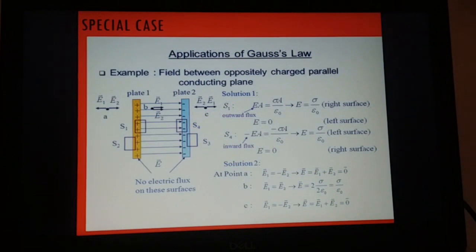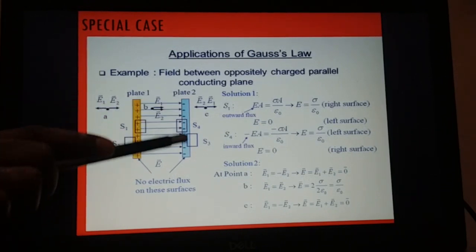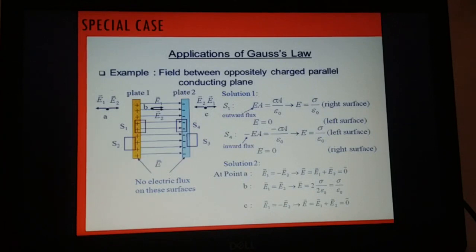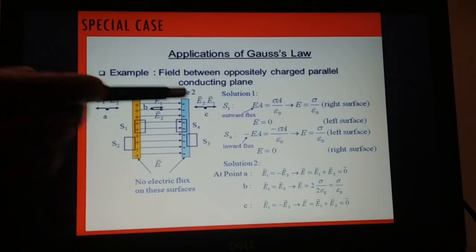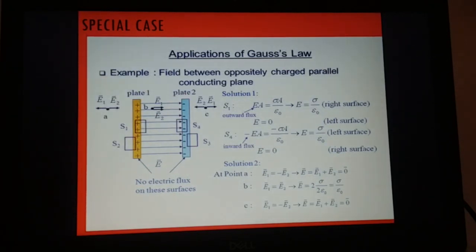Here also the same, you can see, a yellow plate is there which is positively charged, and a blue plate is there which is negatively charged. And again, in the first region A, E1 and E2 are acting in the opposite directions. In the third region C, E1 and E2 are acting in the opposite directions.